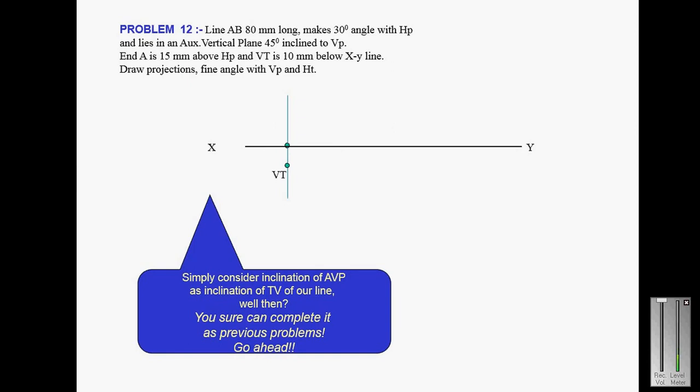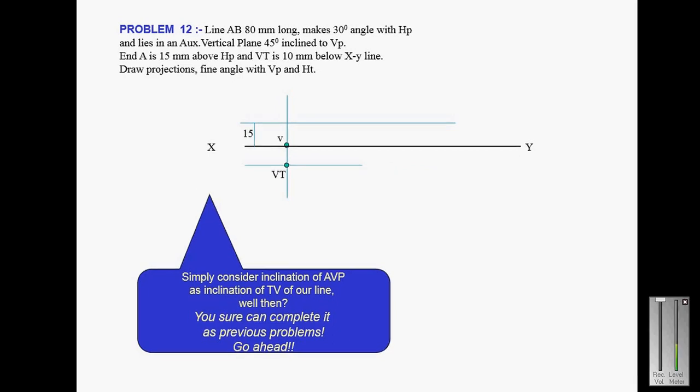So first of all I mark the vertical trace. The point A is 15 mm above HP, so I draw the locus line of A and also the locus line of the vertical trace, which is 10 mm below the XY line.